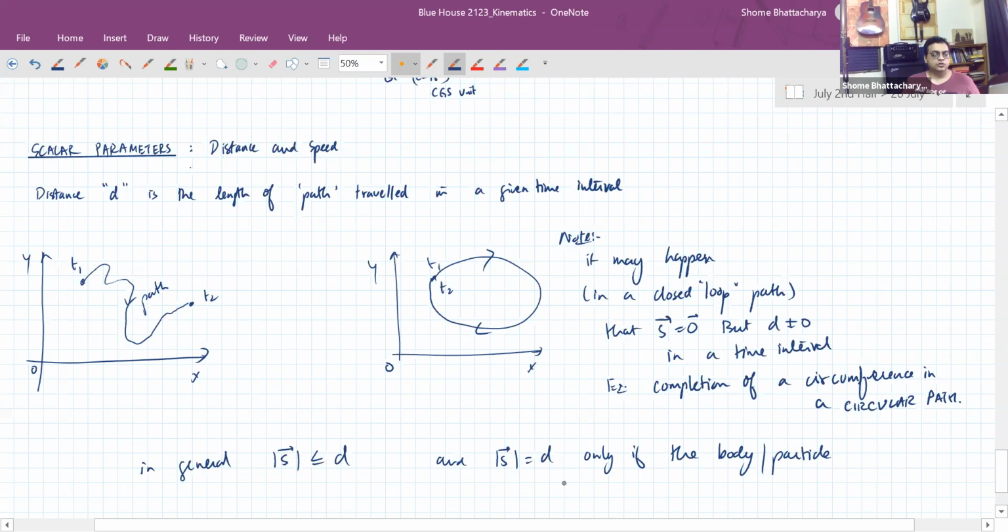So this phenomenon, that the magnitude of displacement is equal to distance, is happening only if the body or particle moves along a straight line path in the same direction. It should not switch direction.